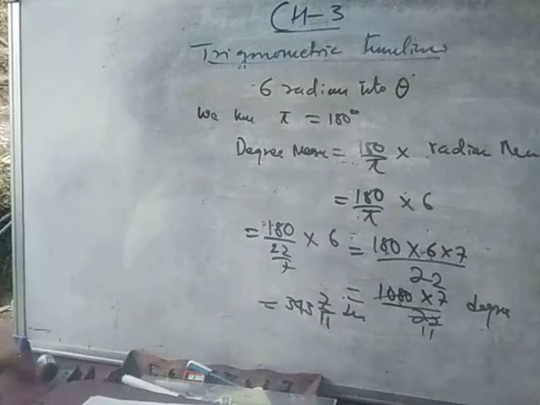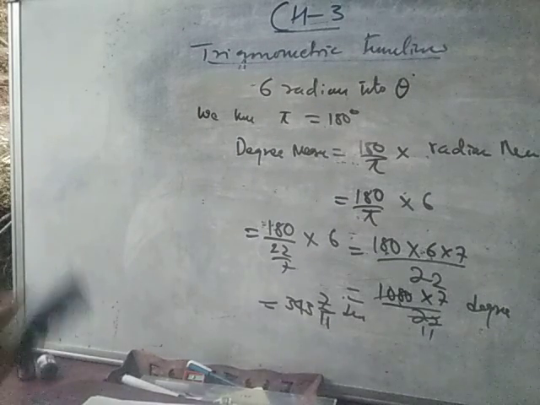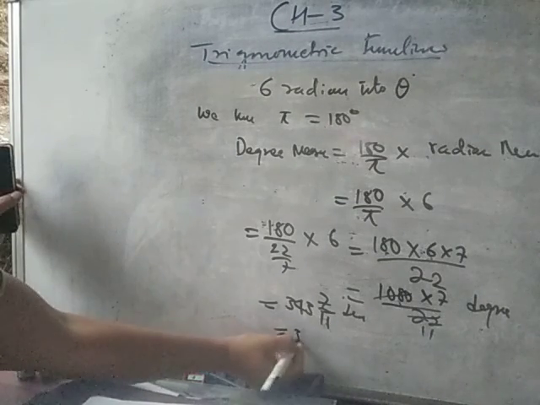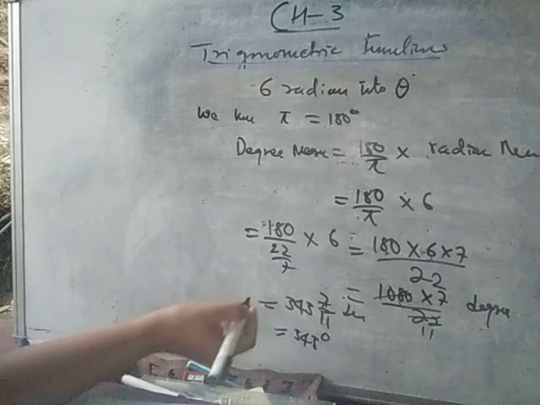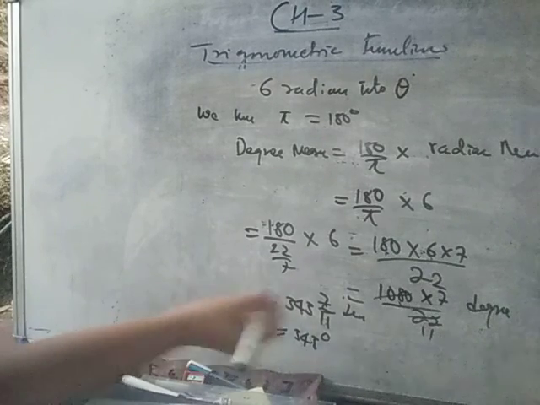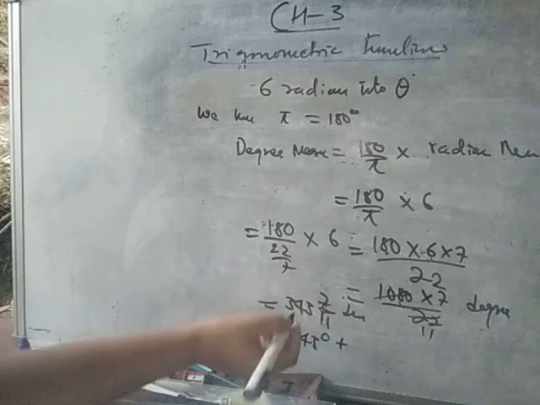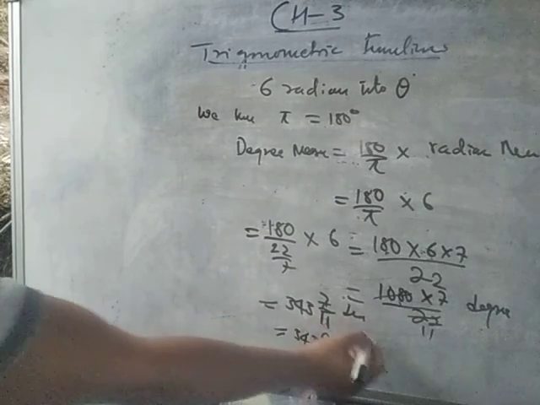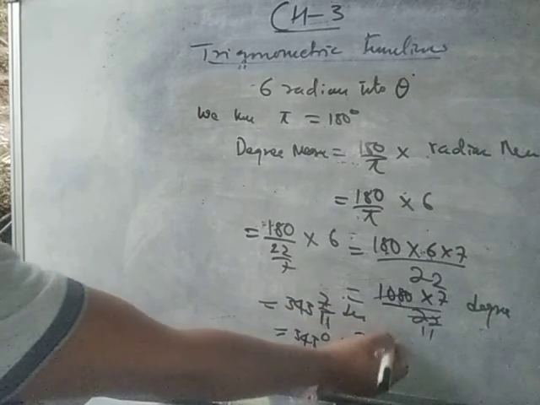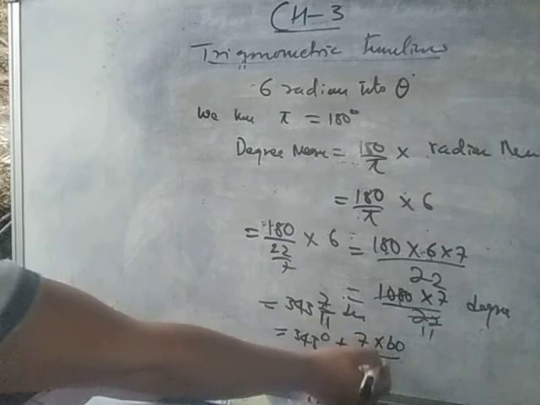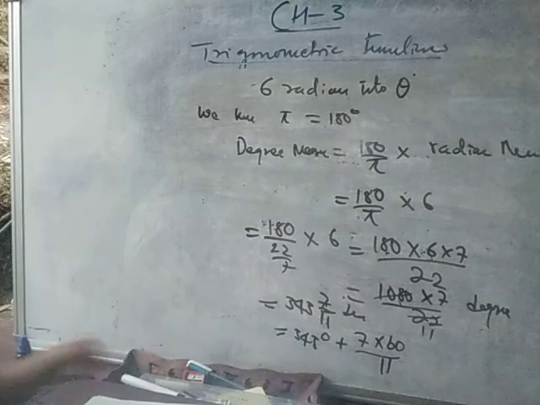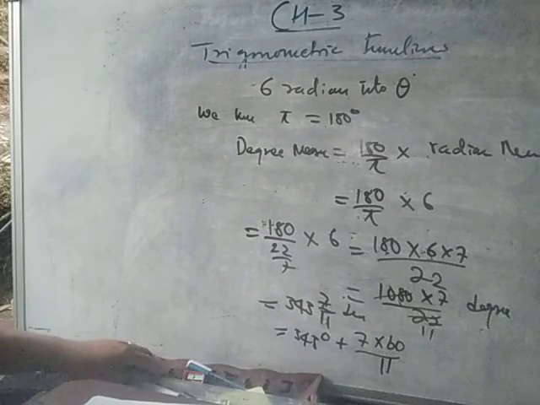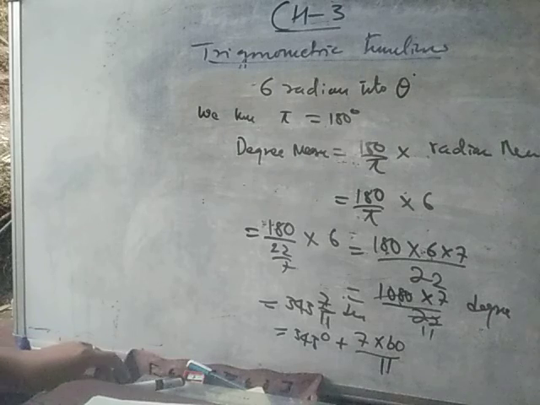Okay, so next, 343 is your degree. So 7 by 11 means what? 7 into 60 by 11 minute. This means you'll get 38, isn't it?